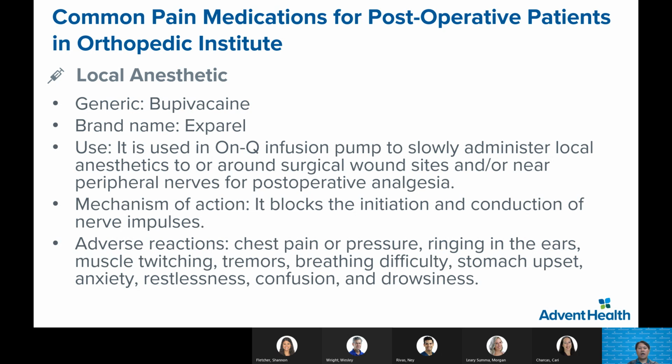And as we know, the nerve that they usually numb the area is the saphenous nerve or the femoral cutaneous nerve. And adverse reactions to this medication are chest pain or pressure, ringing of the ears, muscle twitching, tremors, difficulty in breathing, stomach upset, anxiety, restlessness, confusion, and drowsiness.